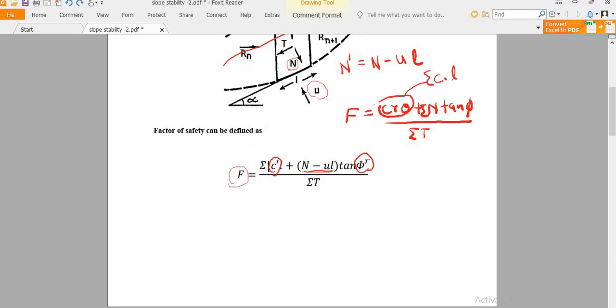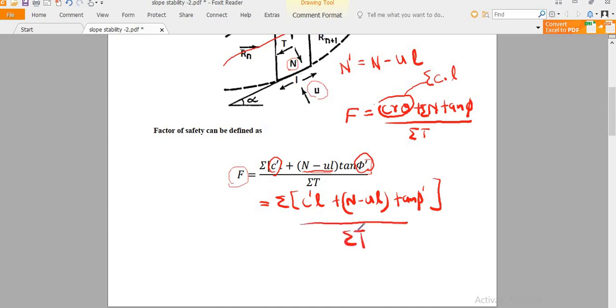As you can see, there should be another bracket here, right? It is lost in the PDF. So what it says actually should be sigma of all, c dash L, n minus UL and tan phi dash, divided by sigma t, right? So once you take sigma, each and everything will become sigma.